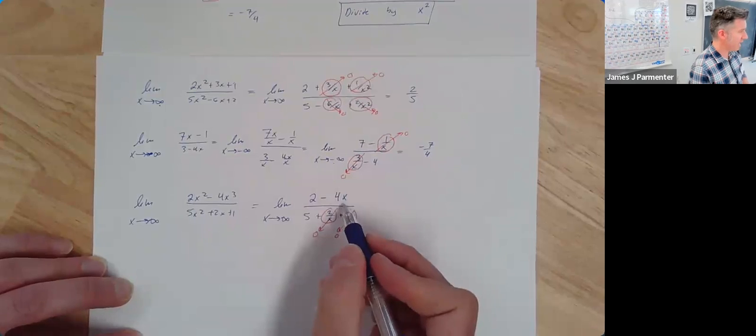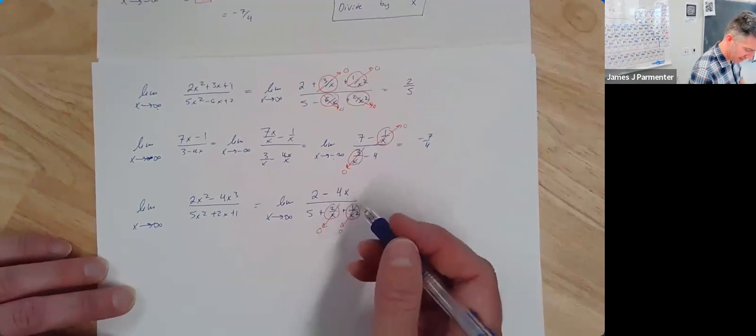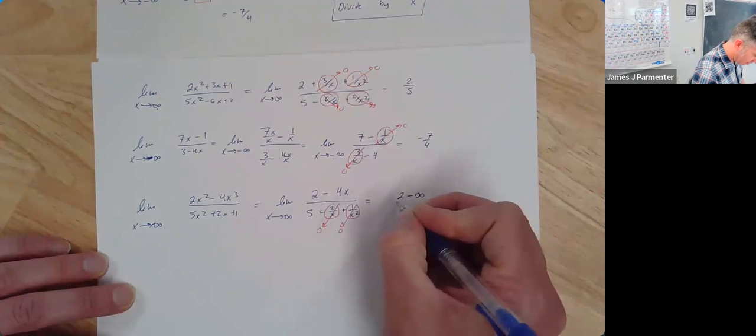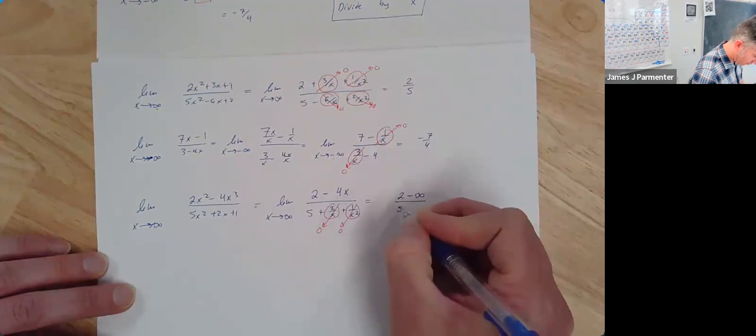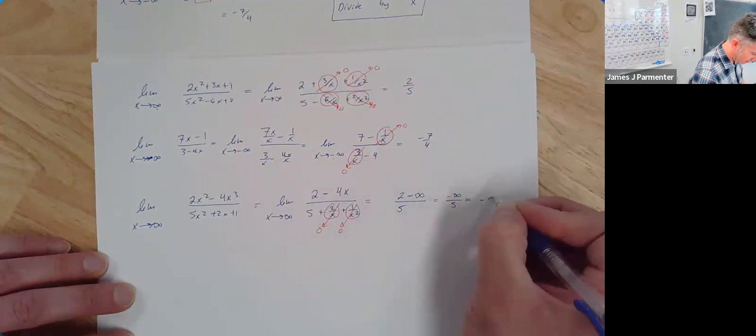But 4 times x is getting larger and larger and larger, right? That's going off to infinity. So what we really have here is 2 minus something infinitely large over 5. So that's a negative infinity divided by 5, which is going to be just negative infinity.